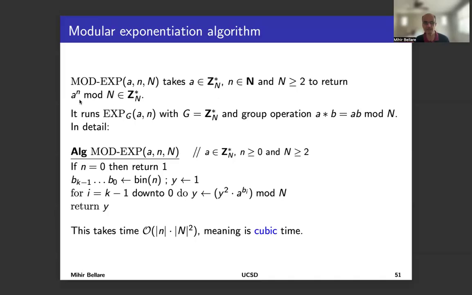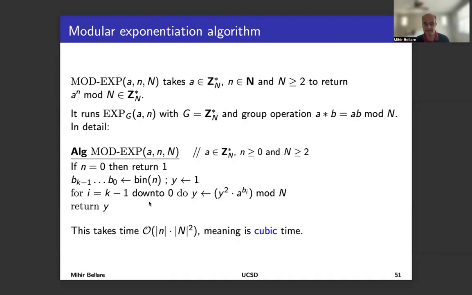And it's supposed to compute a to the power n, little n mod big N. How is it done? Well, it's the same as before. It's just that you make these substitutions where the star group operation is replaced by multiplication mod n, and the group identity is just the integer 1. And that's all you need to do.